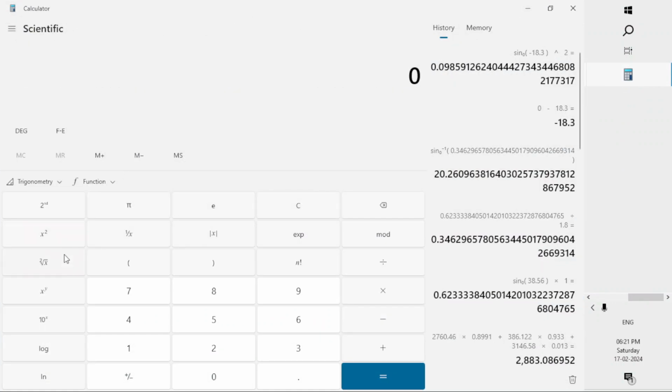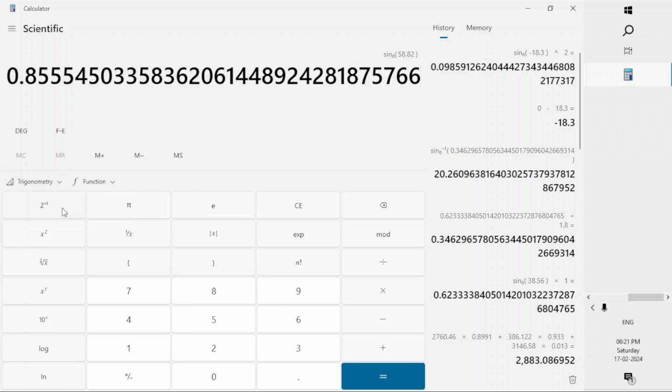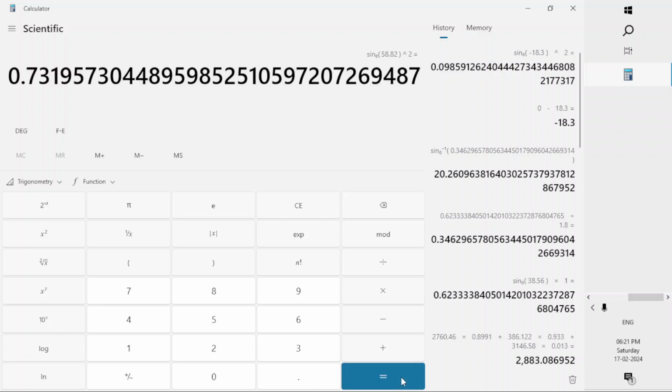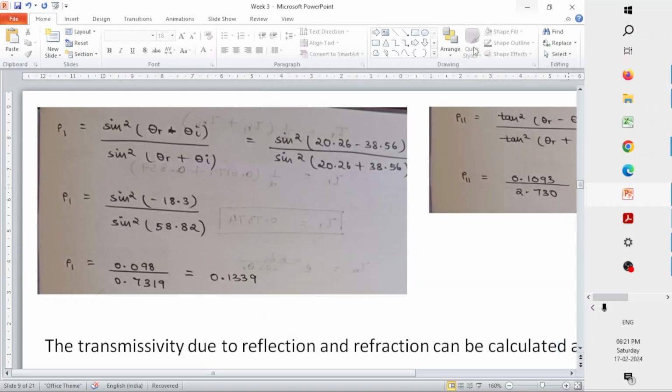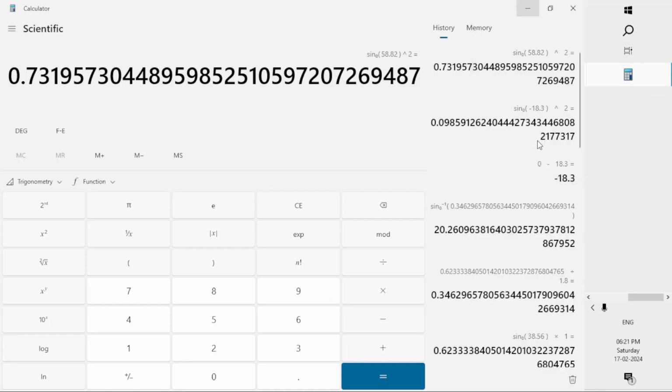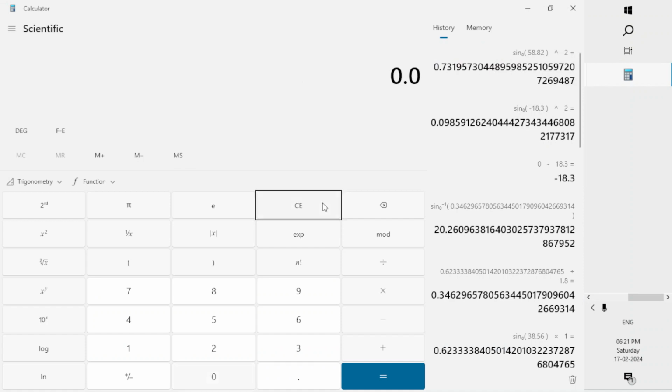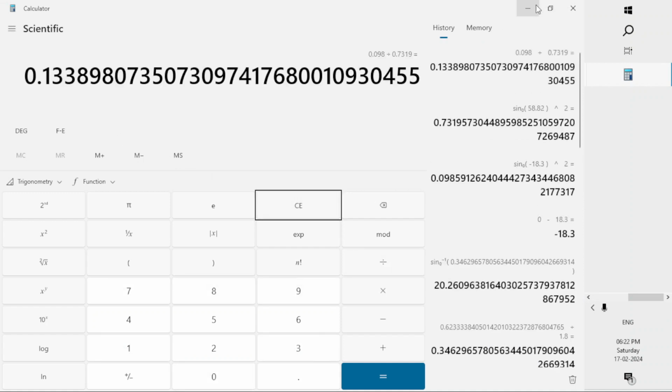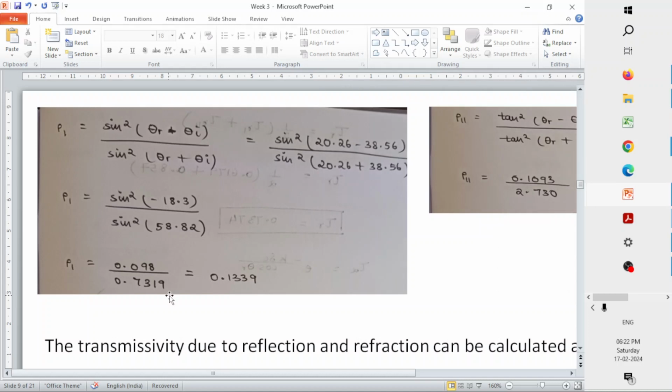So take 58.82, then take the sine value and then square it. 0.7319. So if you take the ratio of the two, 0.098 divided by 0.7319, you get 0.1339. So that's just a bit of an approximation.